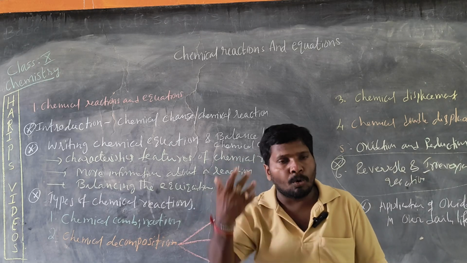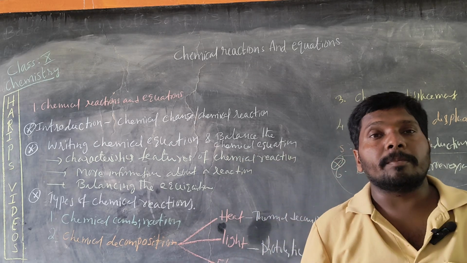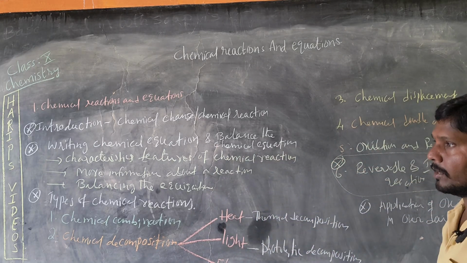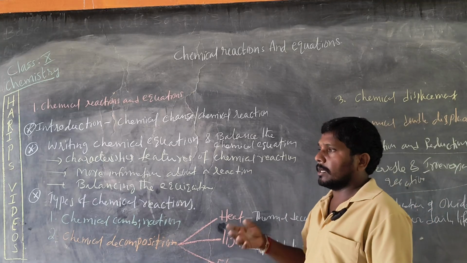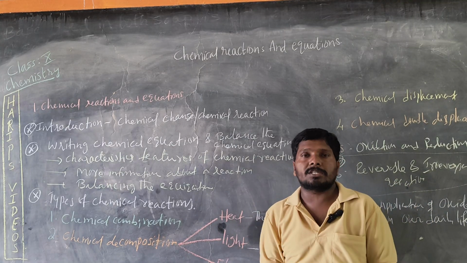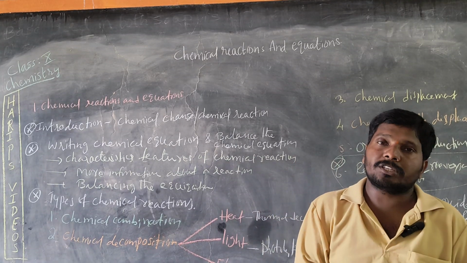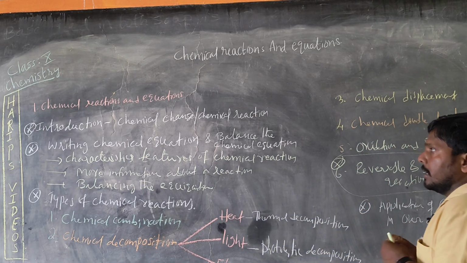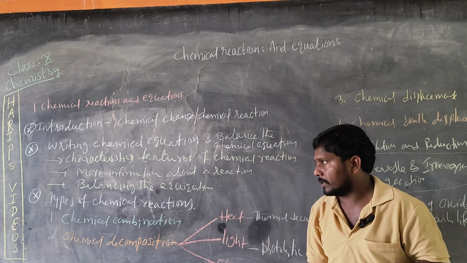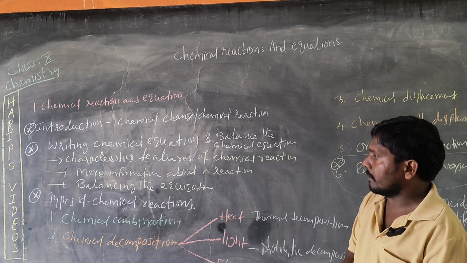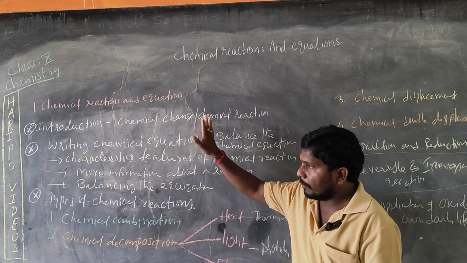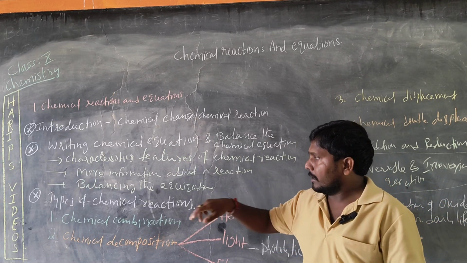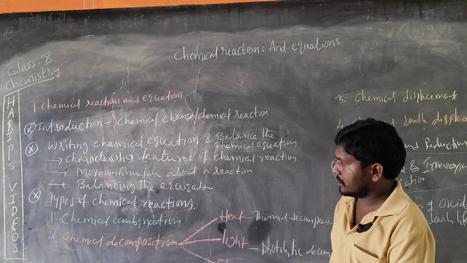How can we understand more about a chemical reaction or a chemical equation? That chemical equation gives us the complete information about a chemical reaction. Balancing the chemical equation, with examples we will discuss. Then types of chemical reactions.